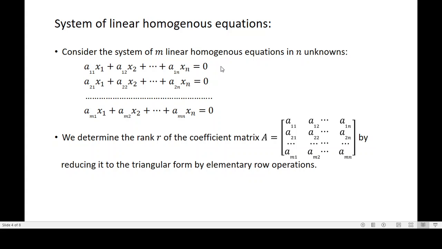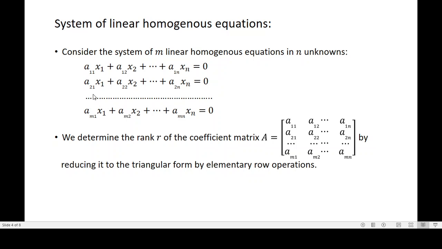Let us begin with the m equations in n unknowns, say x1, x2 and so on xn. So the first equation is a11 x1 plus a12 x2 plus so on plus a1n xn is equal to 0. The second equation is a21 x1 plus a22 x2 plus so on plus a2n xn is equal to 0.